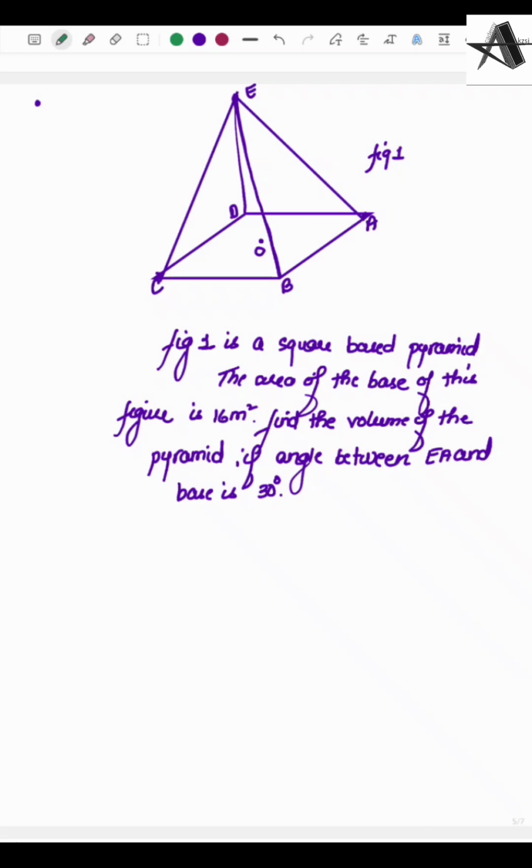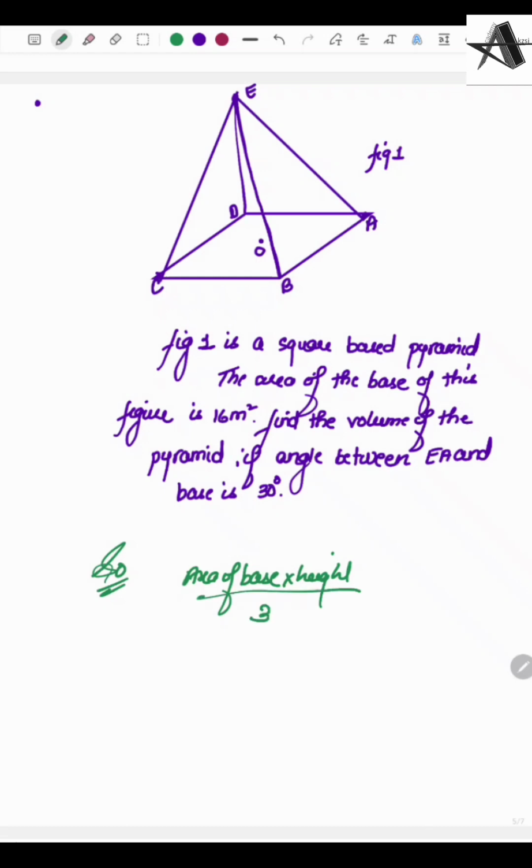Now I'll start with the volume of the pyramid. The formula to calculate the volume of a pyramid is length times width times height over 3, or simply area of the base into height over 3.